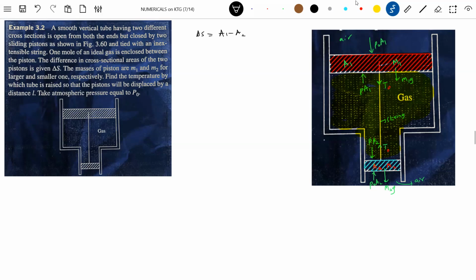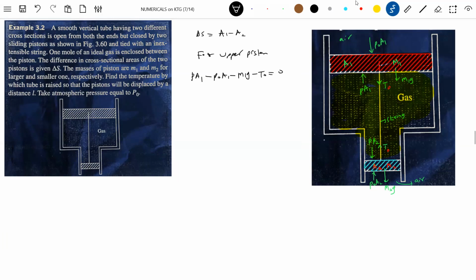Now let's take the upper piston. For the upper piston, what are the forces that will be acting? PA1 minus P0A1 minus M1G minus T0 equal to 0. Agree with this?